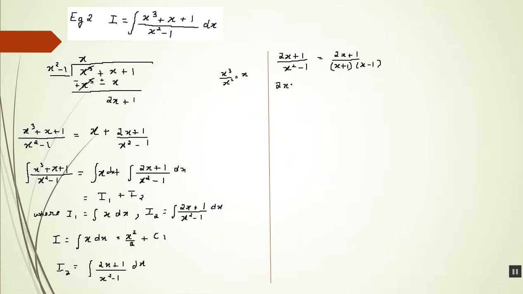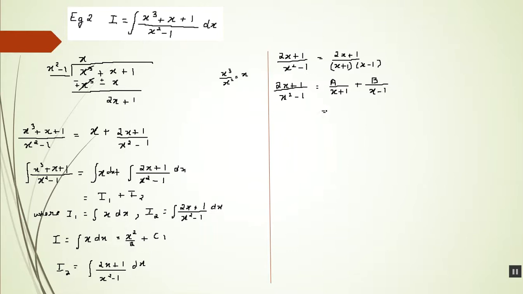Therefore 2x plus 1 divided by x square minus 1 is equal to a by x plus 1 plus b by x minus 1.